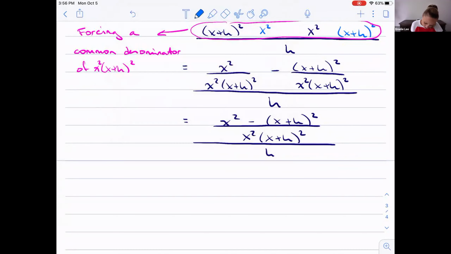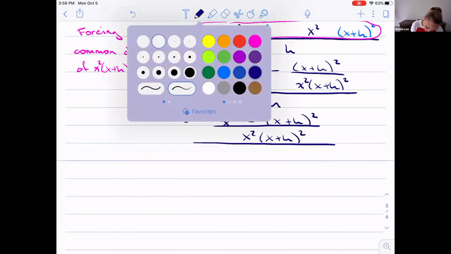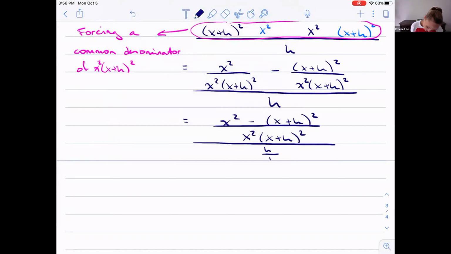Remembering that h you can rewrite as h over 1, and maybe I'll do that in a different color, because now you've got a fraction over a fraction. A fraction over a fraction, you flip the denominator and you multiply, right?